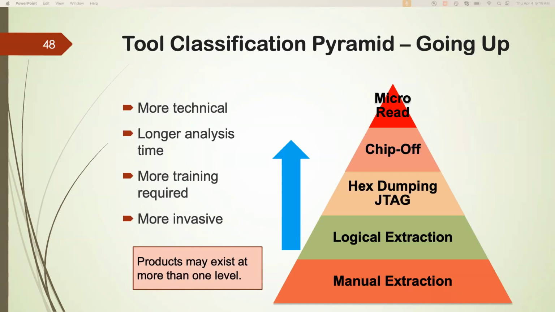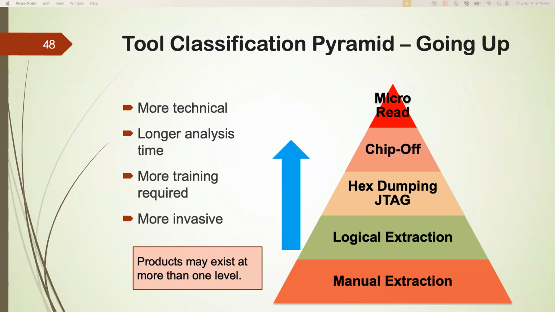Now, if the data cable is not working, or the port is blocked, or there is a password on the phone, or some other issue that means you are not able to transfer the data to your computer, in that case we will be using the JTAG method or the chip off method. If you go upwards on this ladder, the techniques become more specific and more difficult to do.